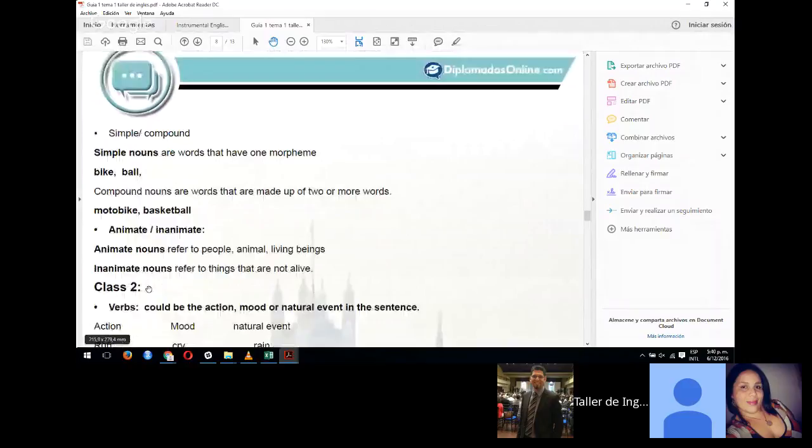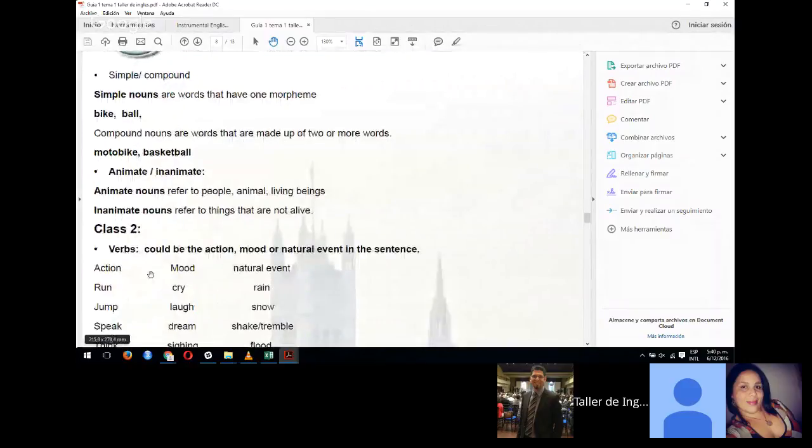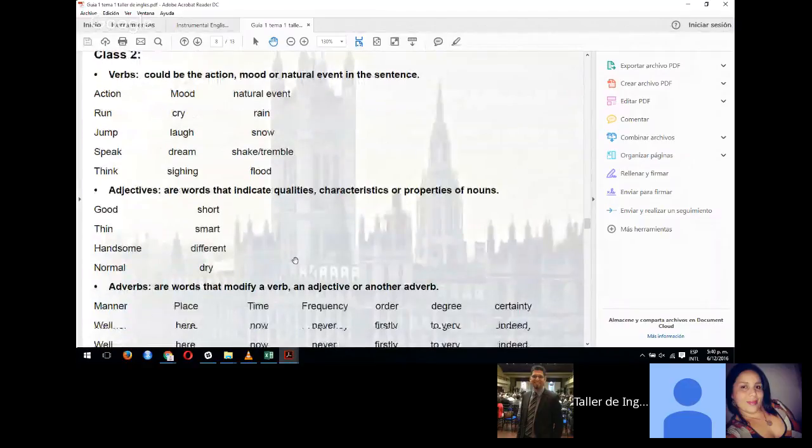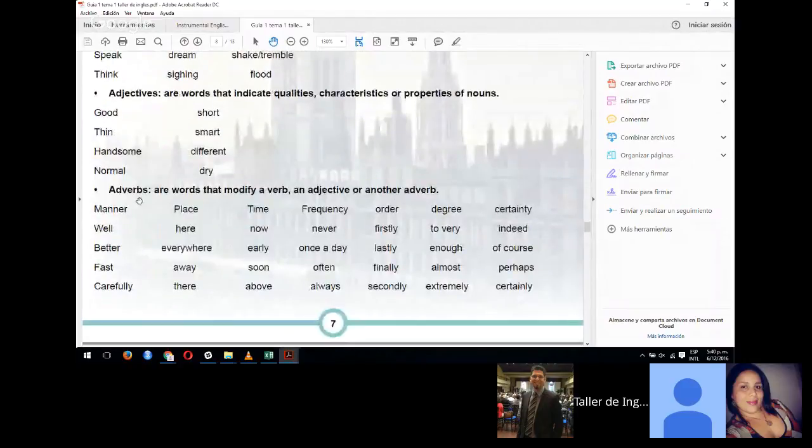The verb: actions, mood, and natural event. The adjective, some examples of the adjective: good, short, thin, smart, handsome, different, normal. Adverbs: the manner, well, very, fast, carefully; place, here, everywhere, away, there; time, now, early, soon, above.